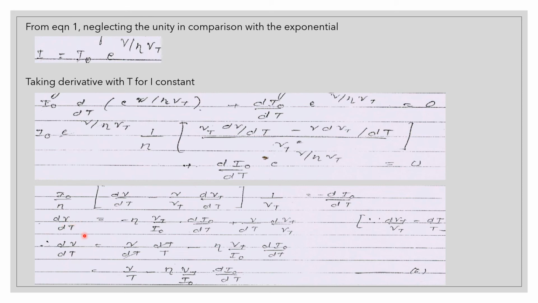Then dV/dT = V/T·(dVt/Vt)/(dT/T) − ηVt (1/I0)(dI0/dT), since dVt/Vt = dT/T. Therefore the dT terms cancel out, and we get dV/dT = V/T − ηVt (1/I0)(dI0/dT). Equation 6.